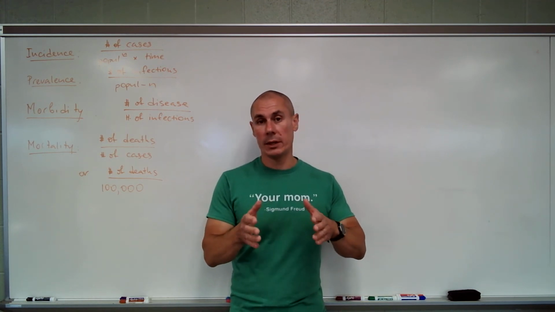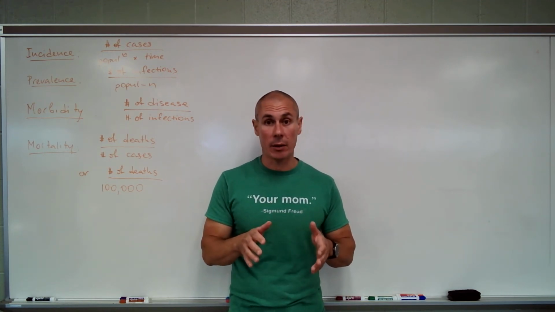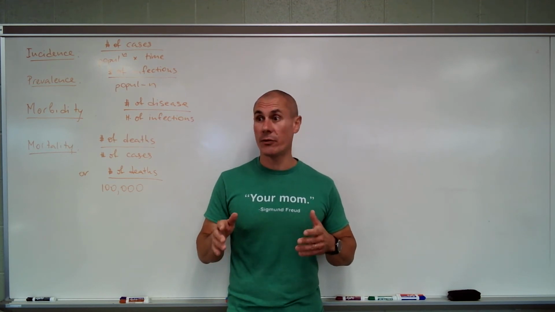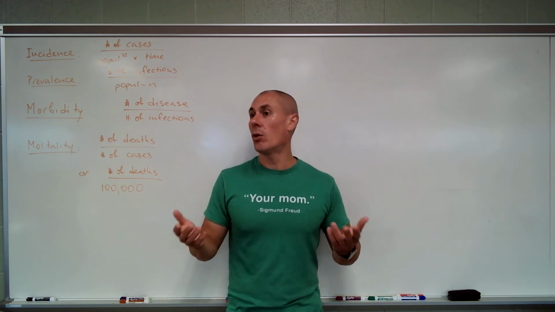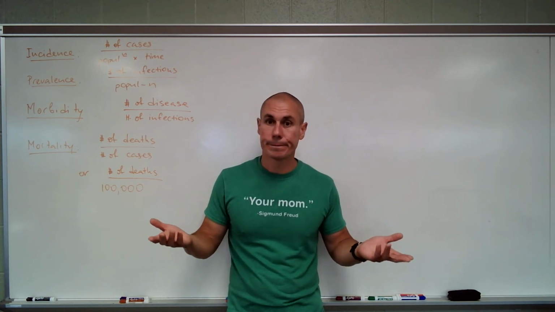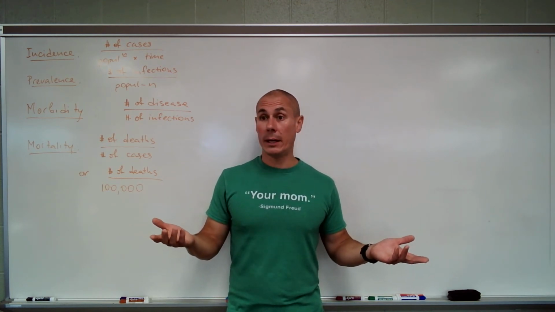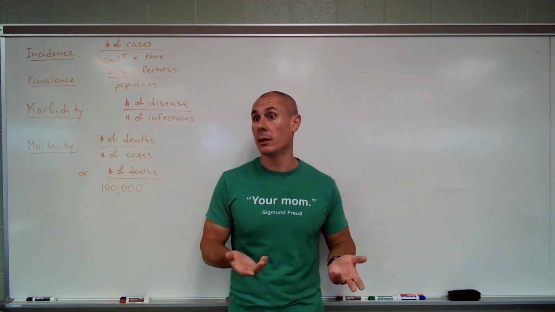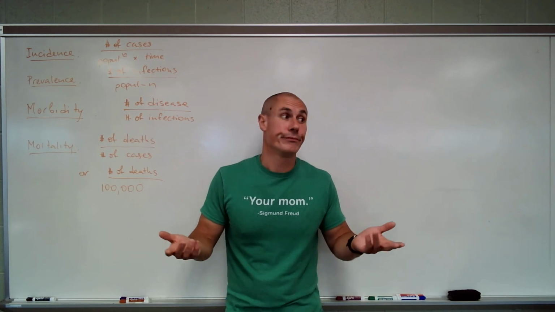Now we enter the really gray area of somebody who was so afraid to go to the hospital, they died of stroke at home. Is that a COVID death? Go figure. Somebody had stage 4 cancer, had 2 months to live, ended up with COVID, died 1 month later.